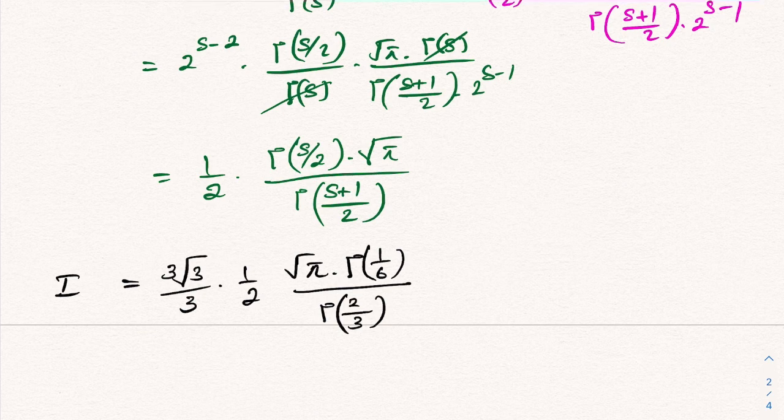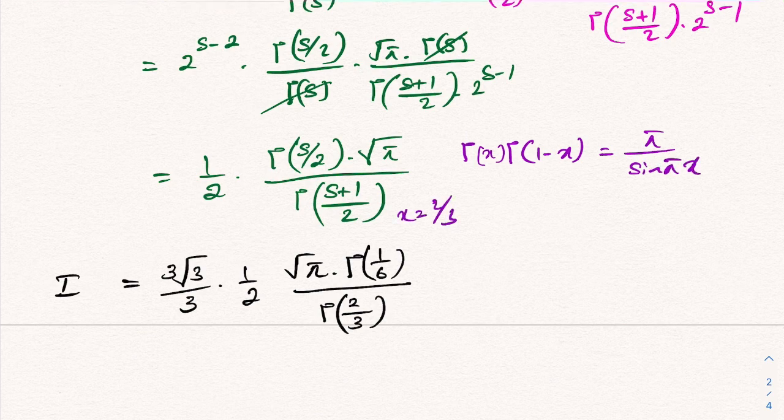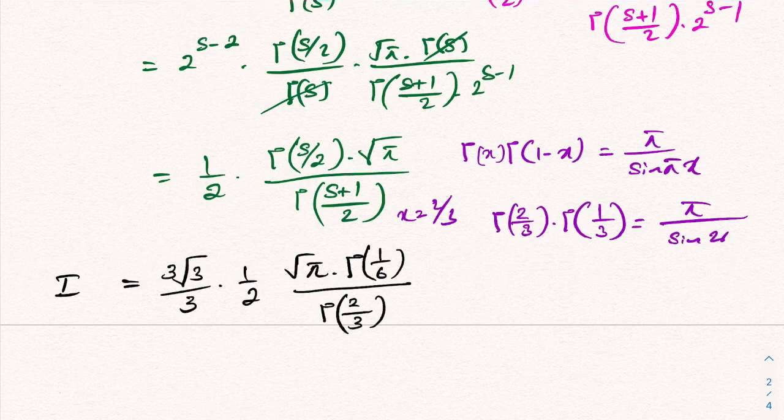Let's recall the Euler's reflection formula. We know gamma of x times gamma of 1 minus x is equal to pi over sine of pi x. Then instead of x, if we plug in 2 over 3, we have gamma of 2 over 3, gamma of 1 minus 2 over 3, we know 1 over 3, is equal to pi over sine of 2 pi over 3.